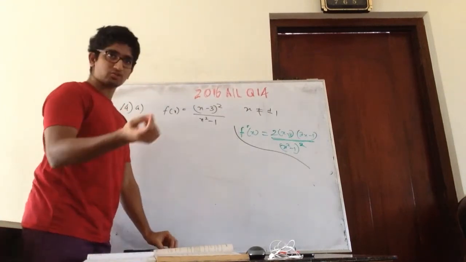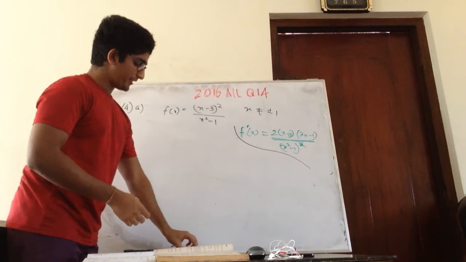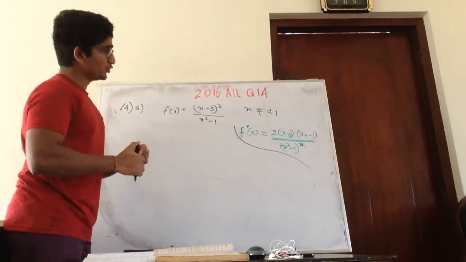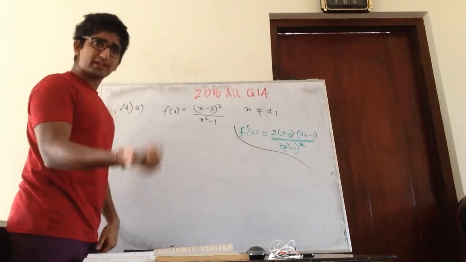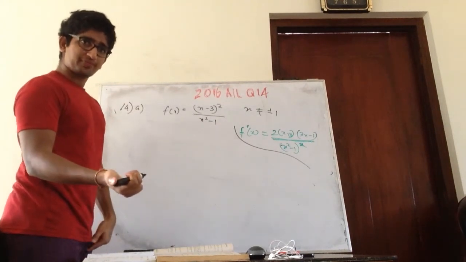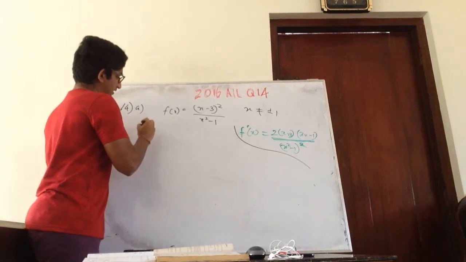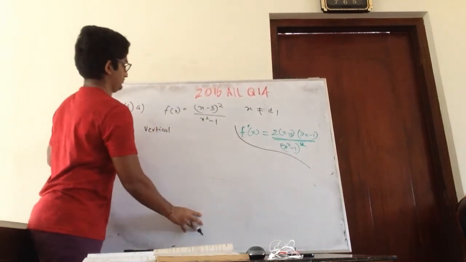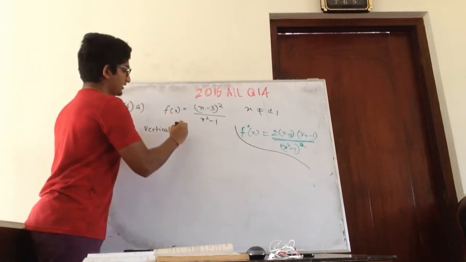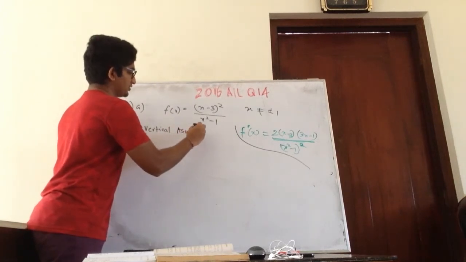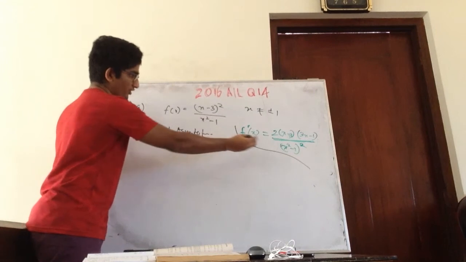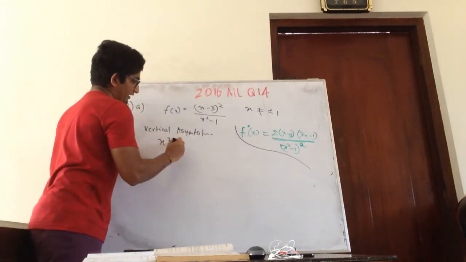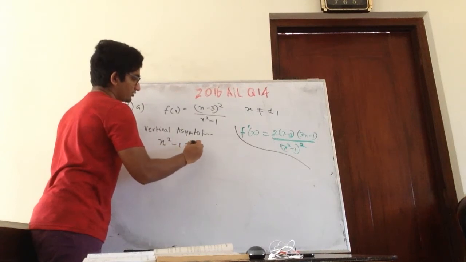Now let's get the horizontal asymptote. Before that, you can get the vertical asymptote straight away. So what is the vertical asymptote? The vertical asymptotes will be where x squared minus 1 is equal to 0.